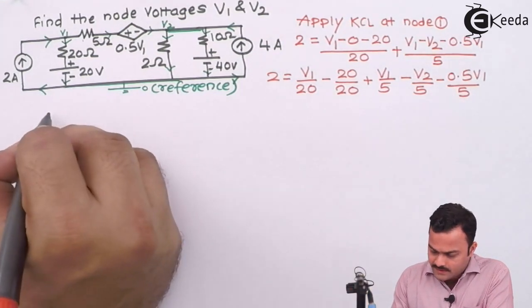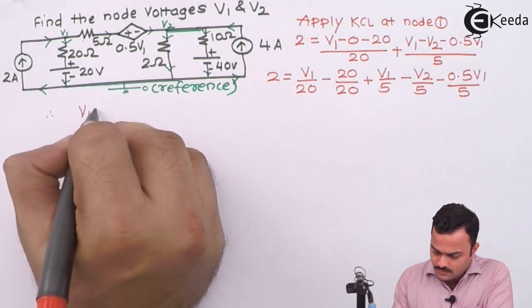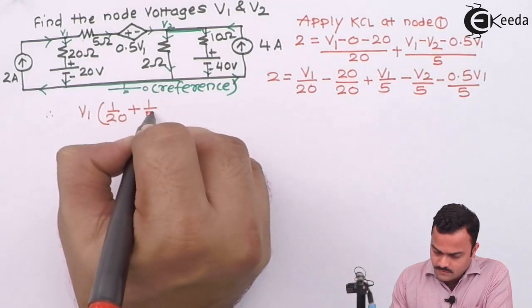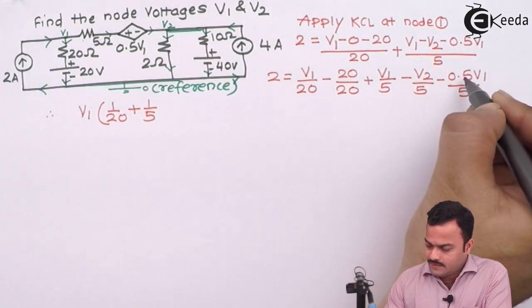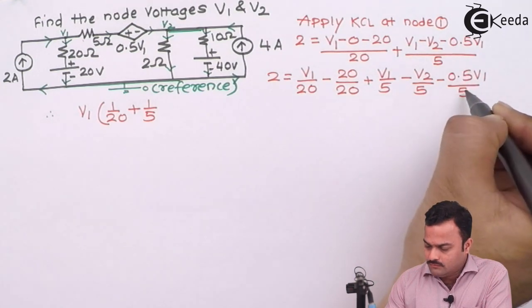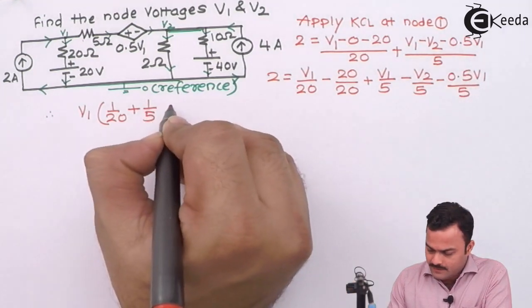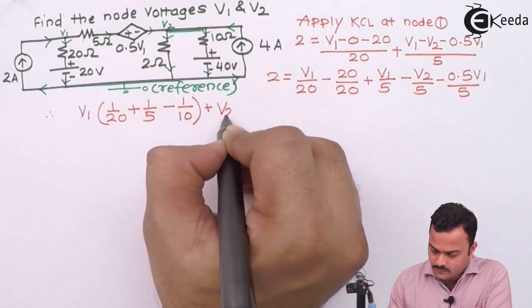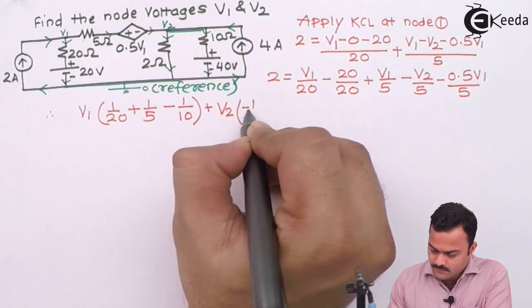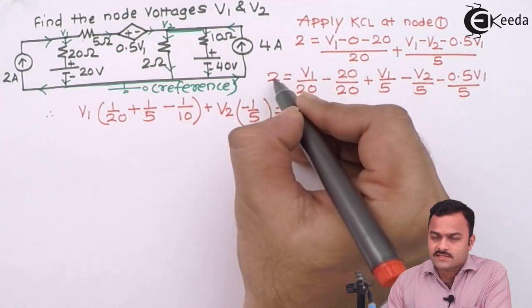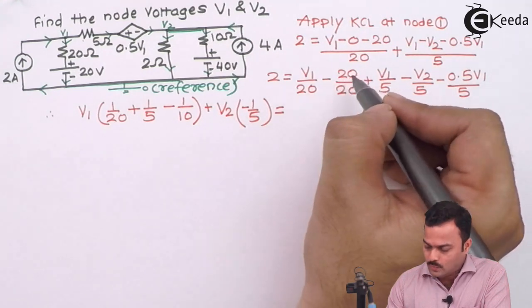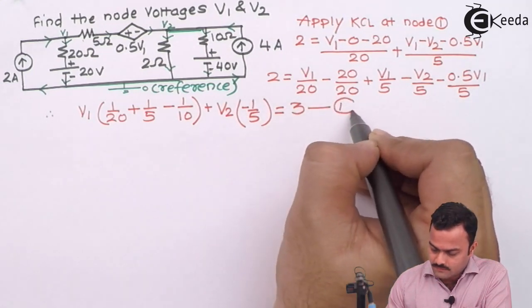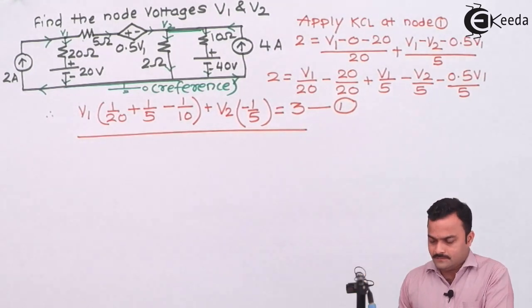After simplifying, we will get the final equation as V1, the coefficient is 1 by 20 plus 1 by 5, and 0.5 I consider as half, so 1 by 2 multiplied with this 1 by 5, in the end it will be minus 1 by 10, plus V2 coefficient is minus 1 by 5, and the constant on this side was 2 already present. 20 by 20 is minus 1 over here, which will come on this side, so in the end the total constant is 3. This is equation number 1.